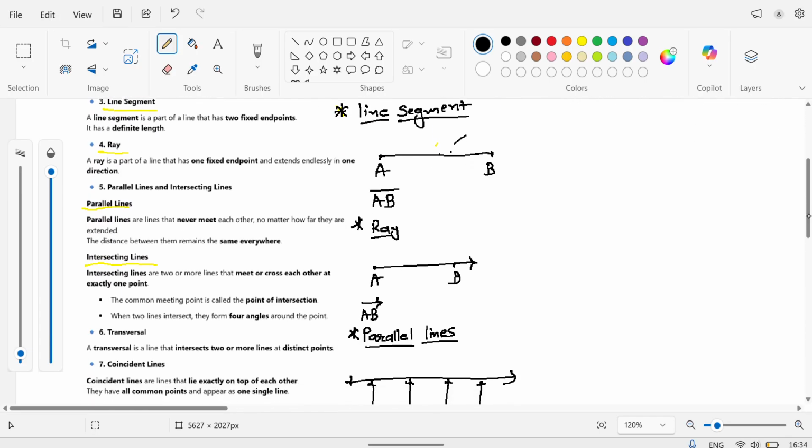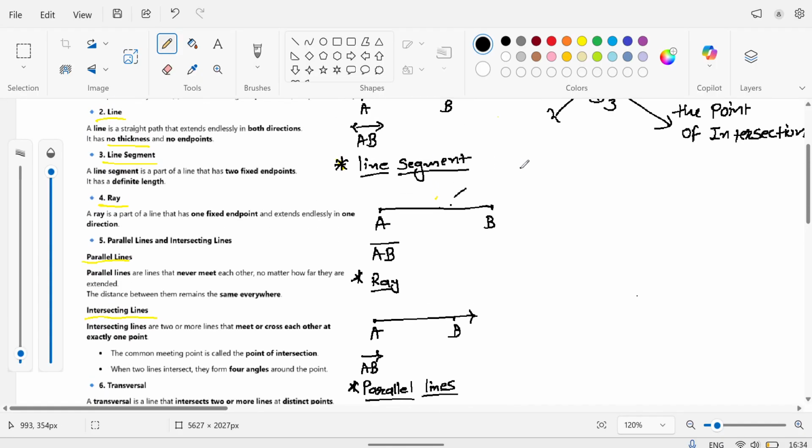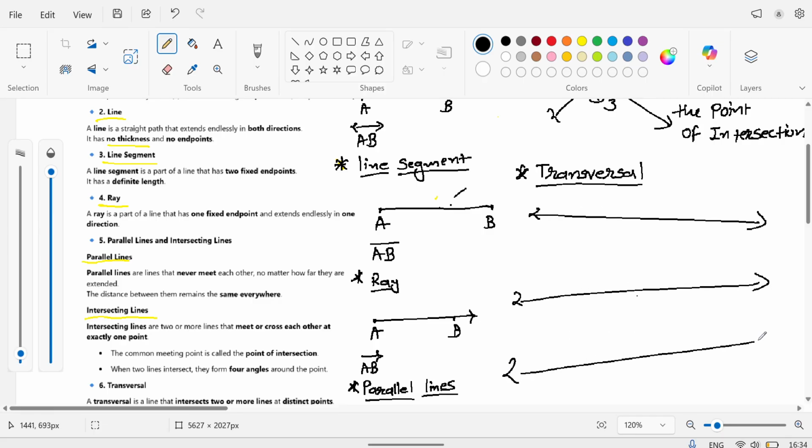Then the transversal. A transversal basically means that if any line, or any common line, intersects more than one line at distinct points, that line is called a transversal.